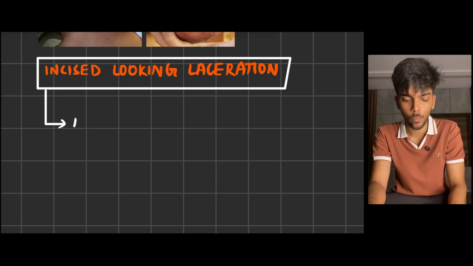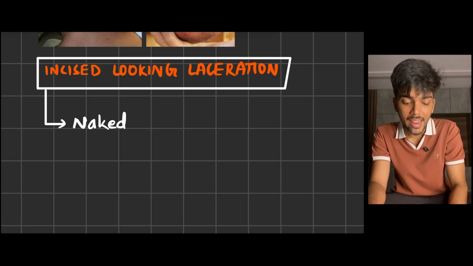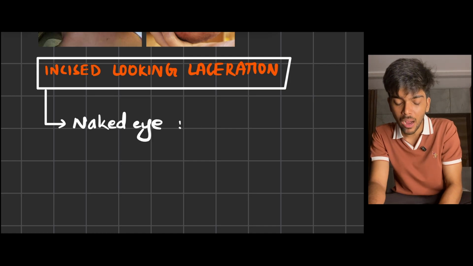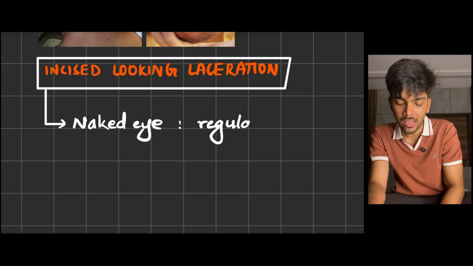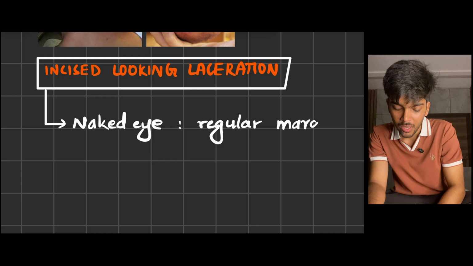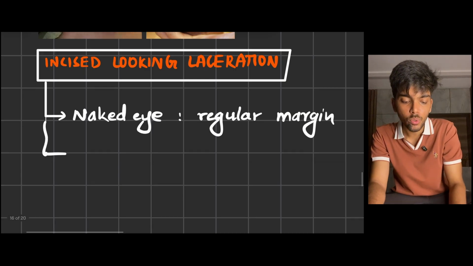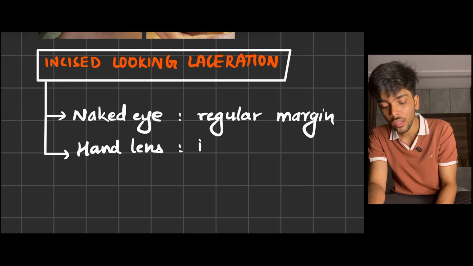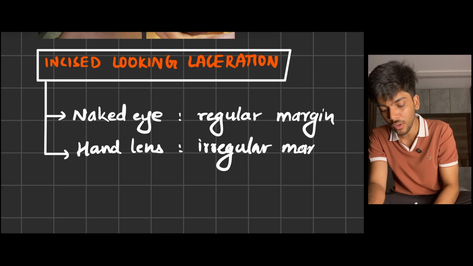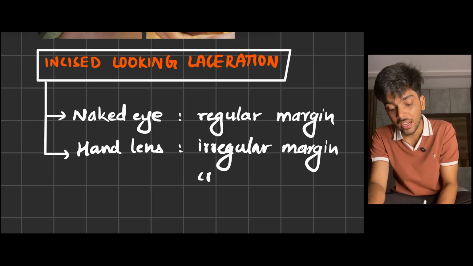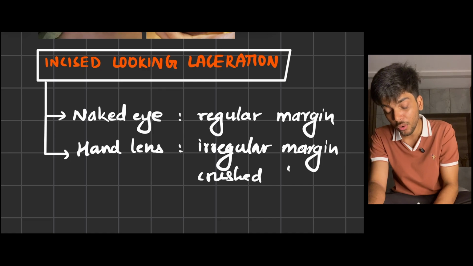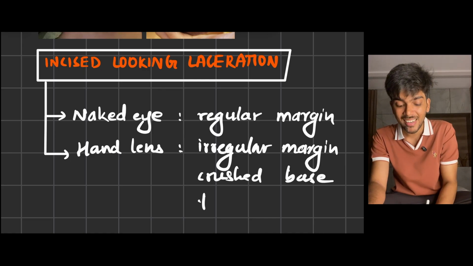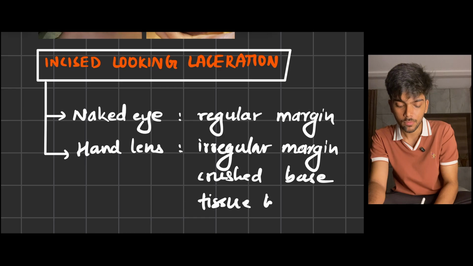And the answer is no. It is just to the naked eye that the margin appears to be regular. But if you use a hand lens to truly appreciate the morphology of the injury, you can appreciate the irregular margin. Not only that, you can also appreciate the crushed base, and the tissue bridges.